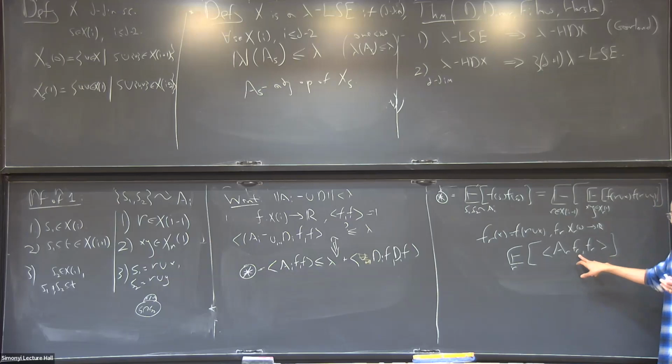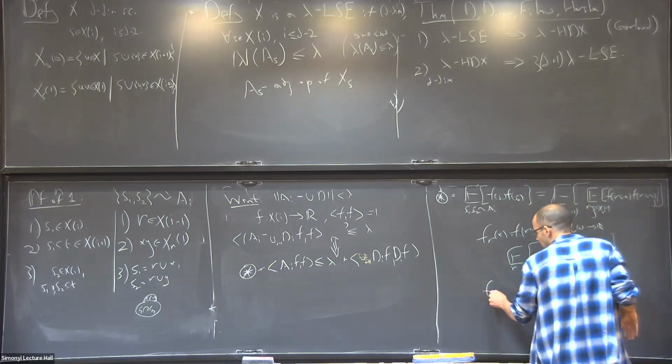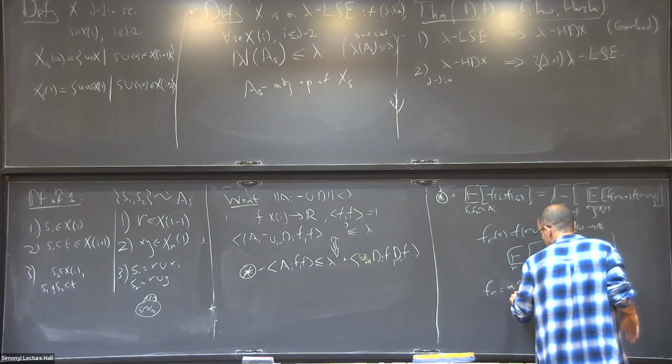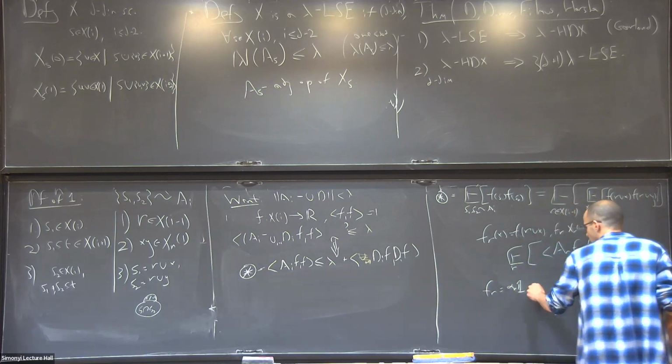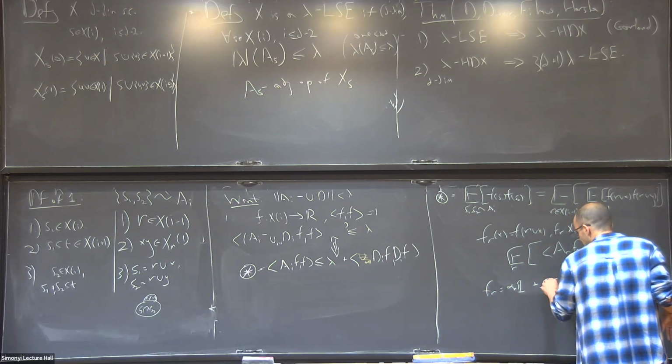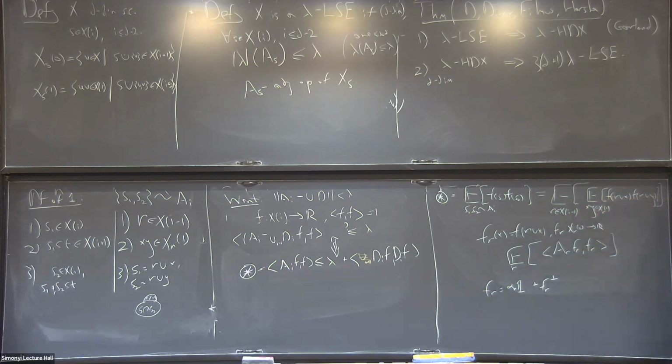Of course, f_R is not perpendicular to the constants, so I need to write f_R as its projection onto the constants, call it alpha_R, plus something perpendicular, call it f_R perp.